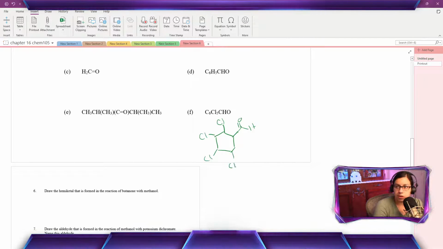At least I think it's a funny compound. And so how would we name this? So this is in one position, right? So now this is 2, 3, 4, 5, 6. Pentachlorobenzaldehyde.